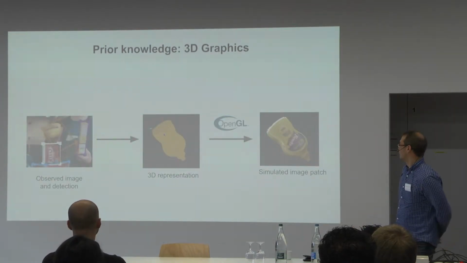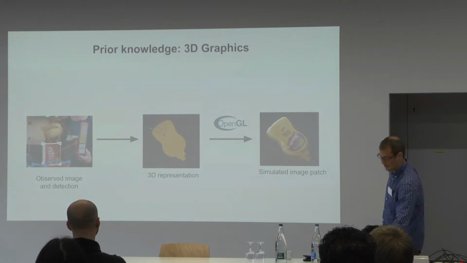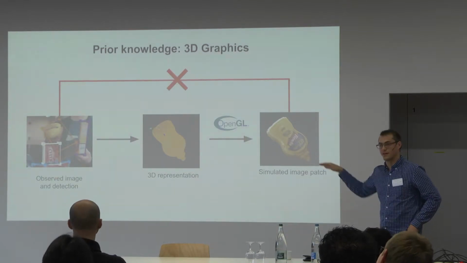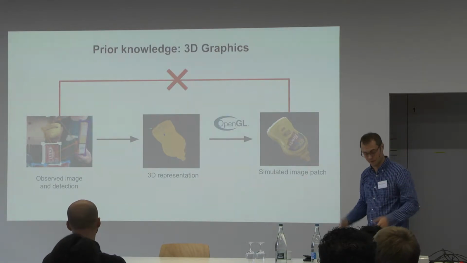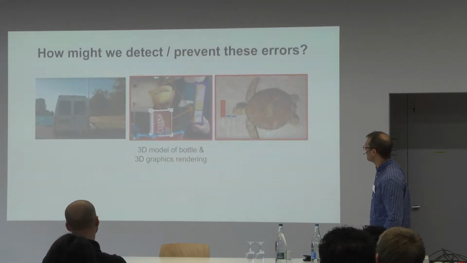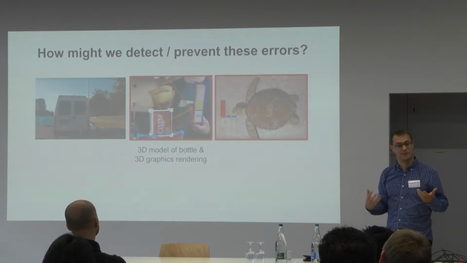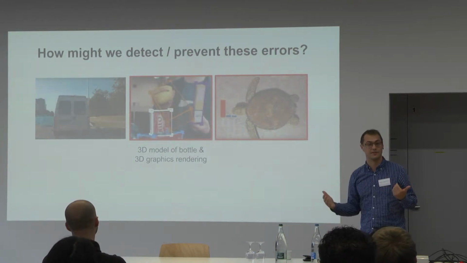And, right, so in this case, we should expect to see something like this in that image area, and we should be able to define some sort of simple way of checking whether that image patch looks like this, and it clearly doesn't. So something might be going wrong here. So in this case, we'll be using our prior knowledge about 3D models of the object and our prior knowledge about how images are formed via a graphics simulation.